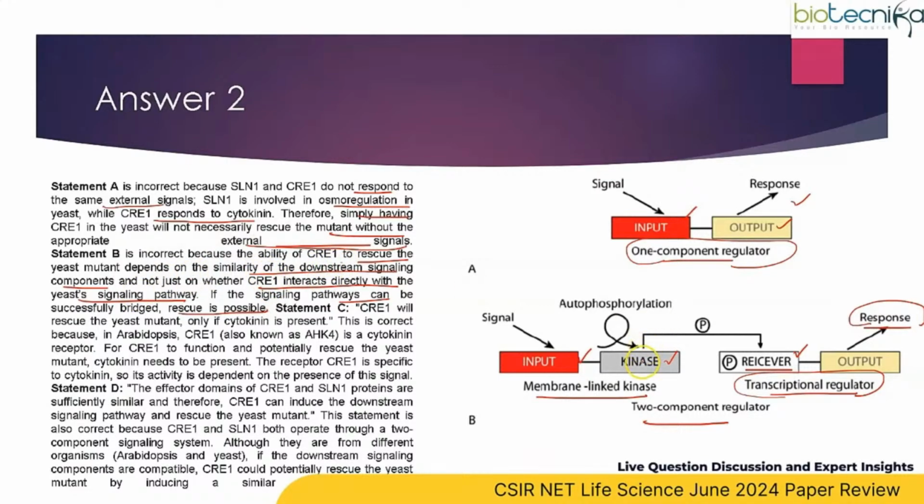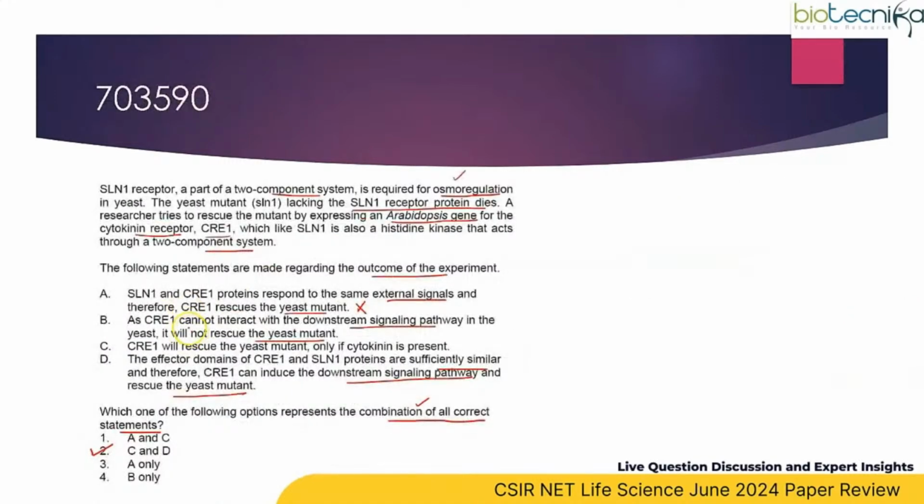So what are the downstream signaling components? That will determine whether it can rescue or not. Successful bridging can occur, and depending on the outcome, rescue is possible. That is why B is again incorrect, because it says CRE1 cannot interact with the downstream signaling pathway, so it will not rescue the yeast mutant.